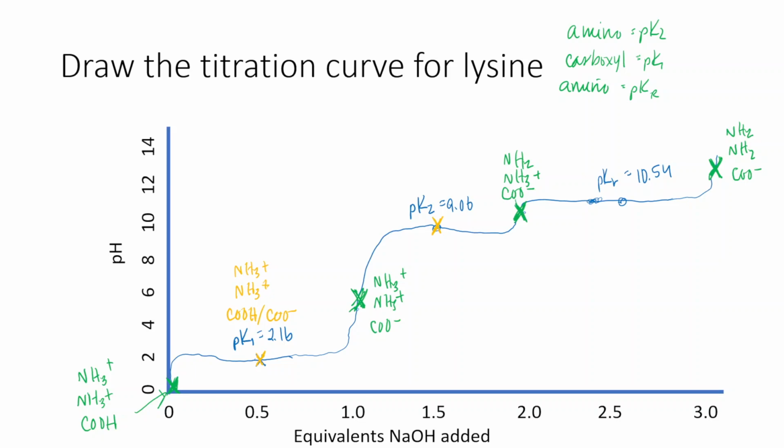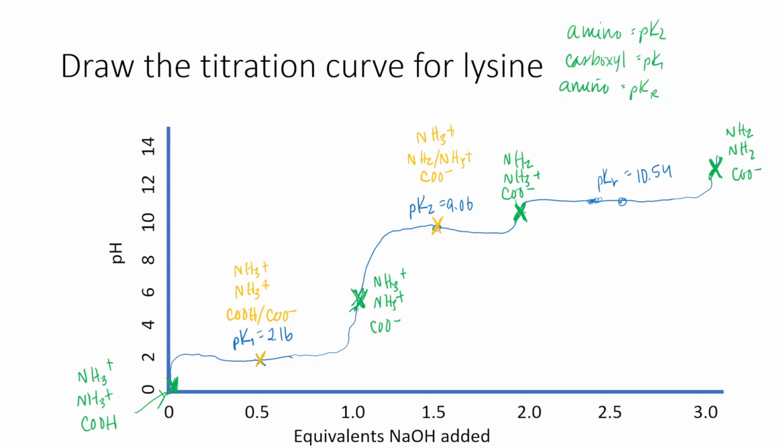Yeah. All of the carboxyls are going to be COO minus, and then one of the amino groups is going to be half NH2 and half NH3 plus. Exactly, yeah. So one of our amino groups is at half and half at this point. So we have some NH2, some NH3 plus, and our other amino group is still fully protonated because we're still below pKr.